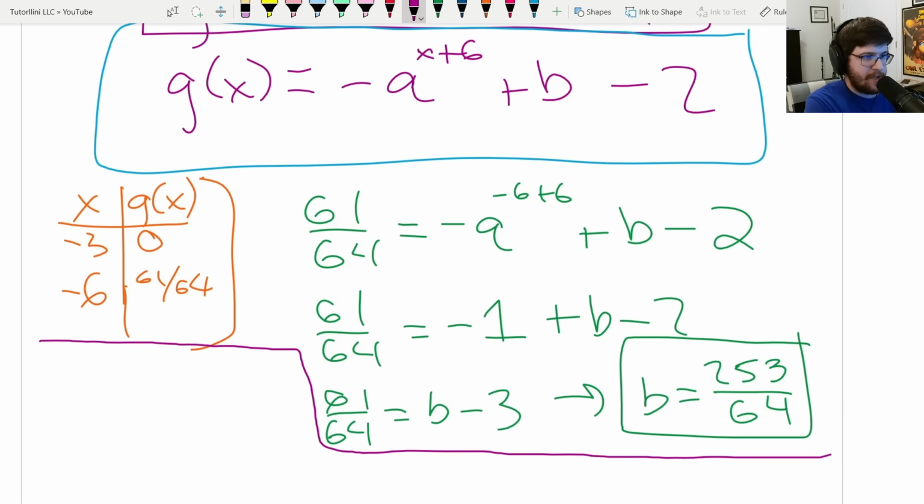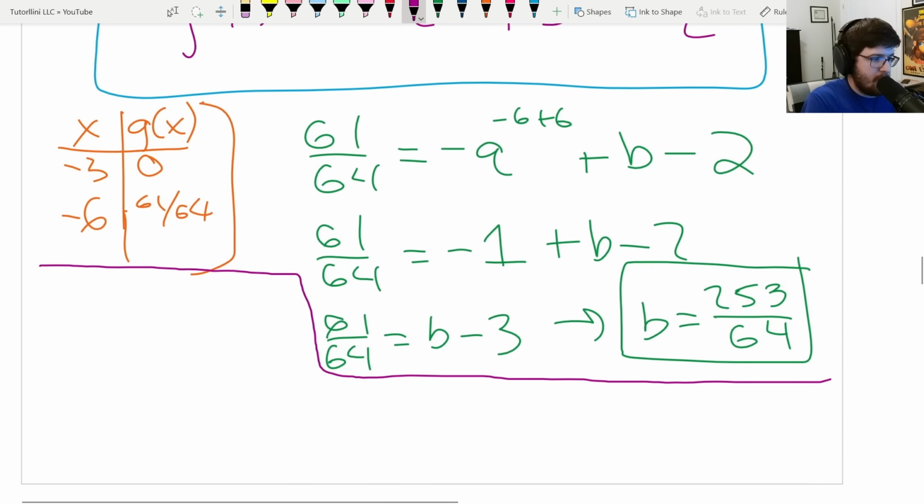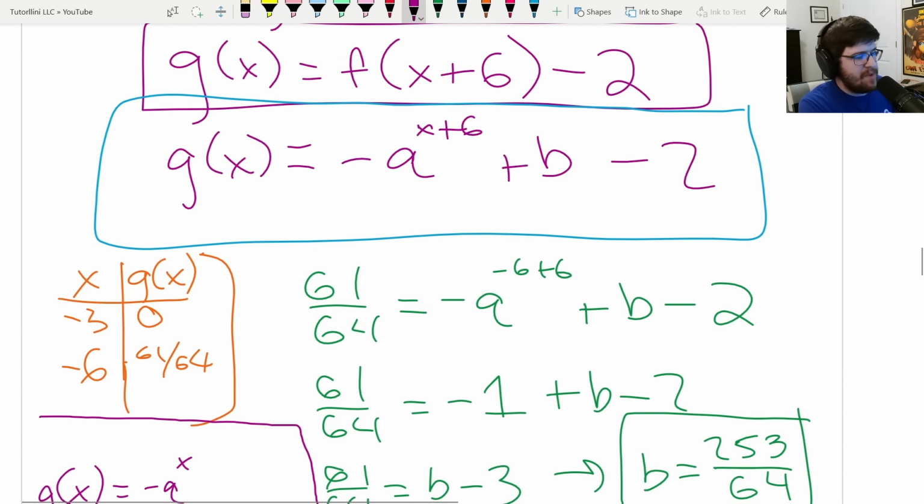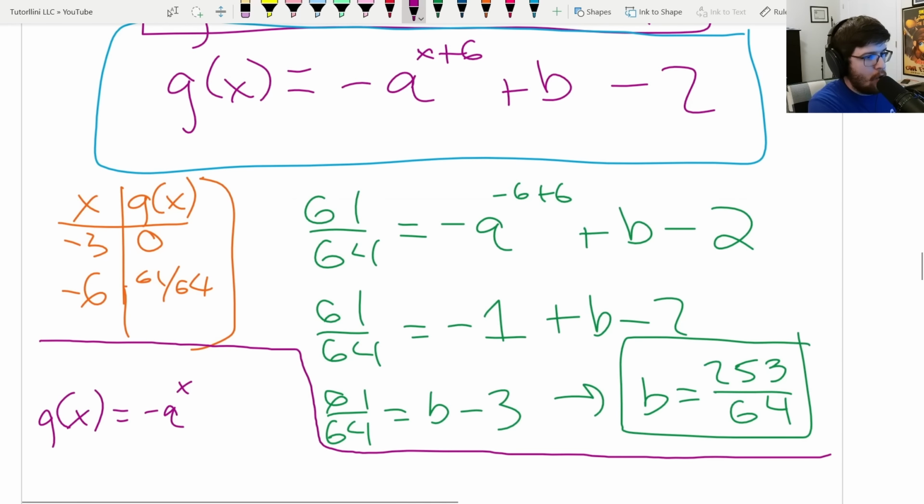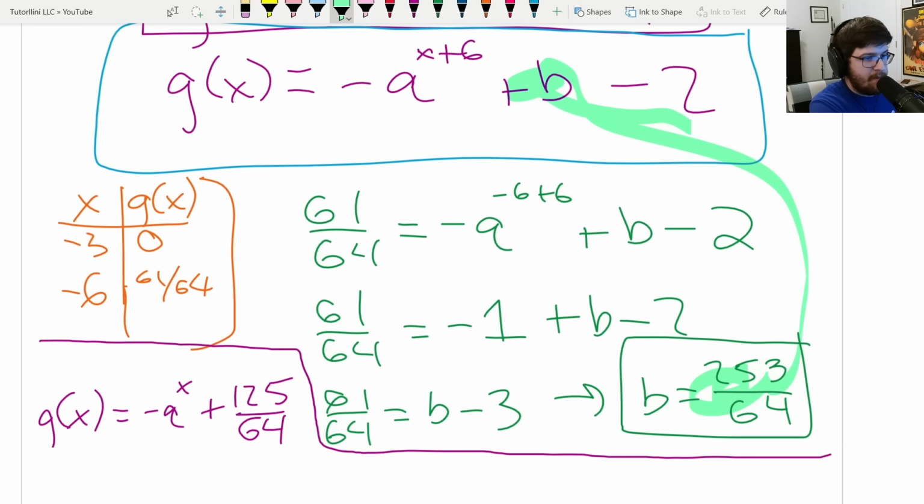Okay, so this equation becomes g of x equals -a to the x plus b minus 2, but b is 253 over 64, and 253 over 64 minus 2 is 125 over 64. So I just put this in here, guys, and then did minus 2 to that.